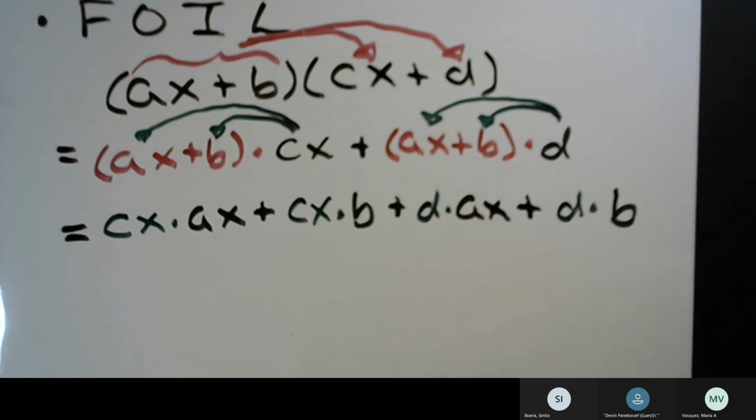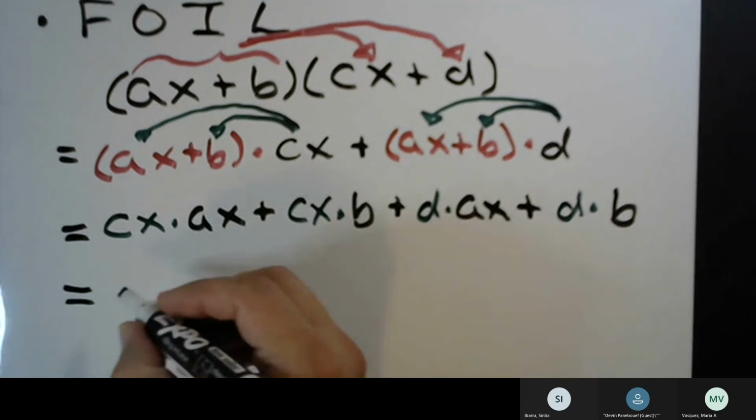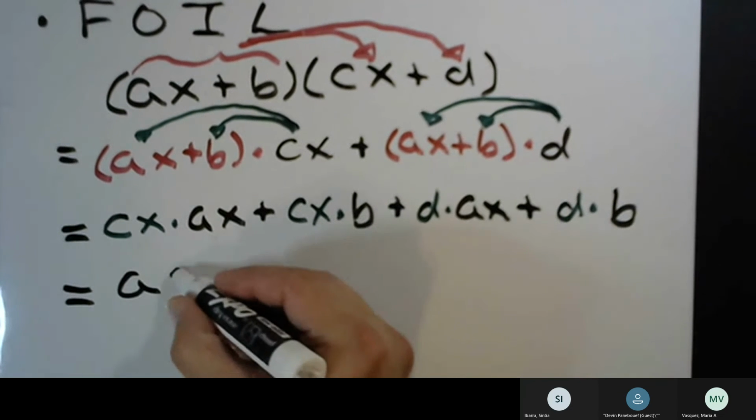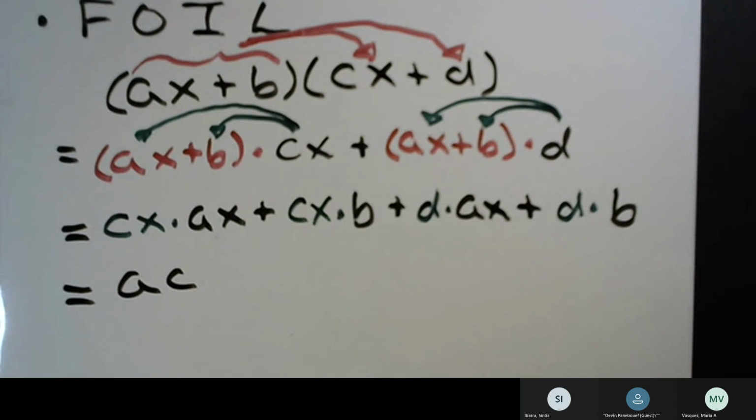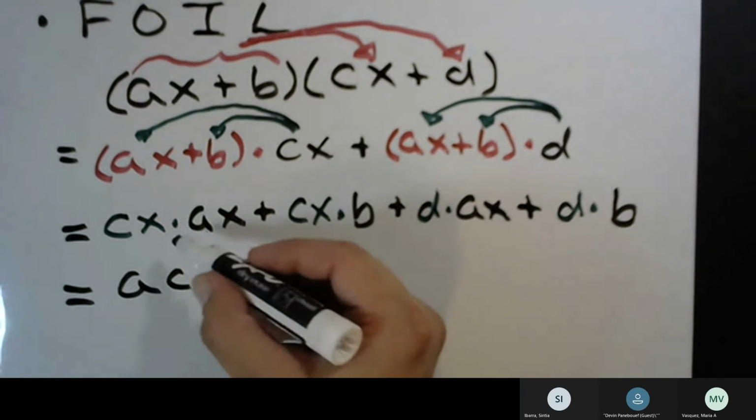Now, I'll admit, this is going to be a little confusing. Like, okay, well, let's see what comes out of this. So we got the c times the a. I should say it's going to be abstract, maybe not totally too confusing, but bear with me on this.